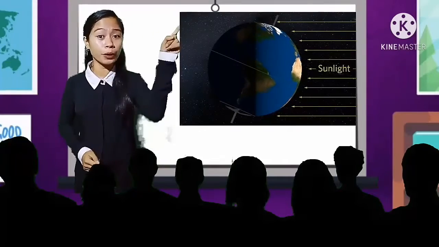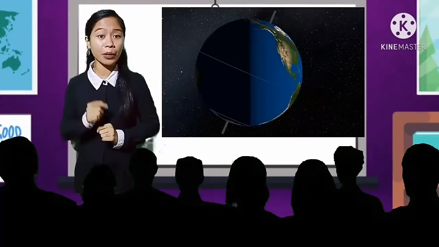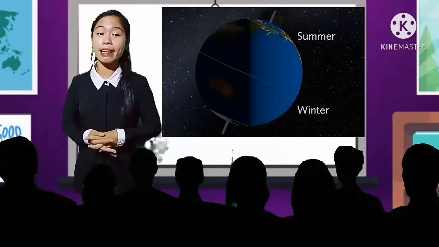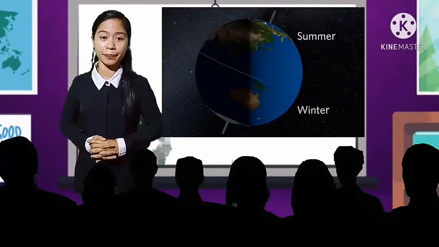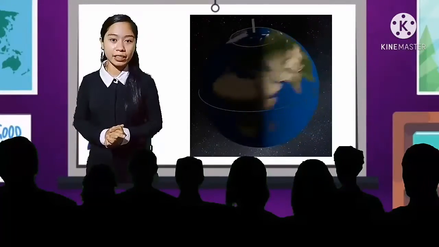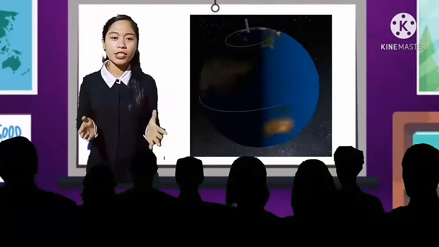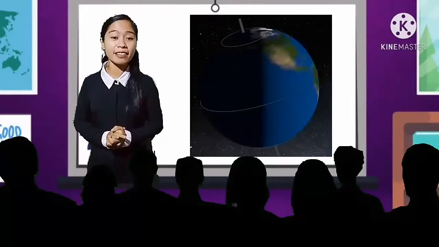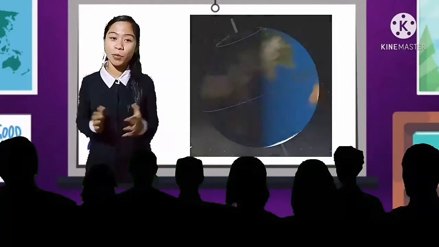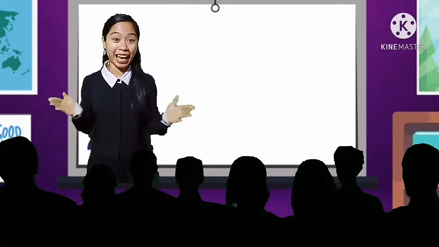So when the North Pole tilts toward the sun, it's summer in the northern hemisphere. And when the South Pole tilts toward the sun, it's winter in the northern hemisphere. The Earth orbits the sun, rotating like a slightly tilted spinning top. This rotation changes the angle at which sunlight hits the surface of our planet, creating the different seasons we experience here on Earth. Understood, class?